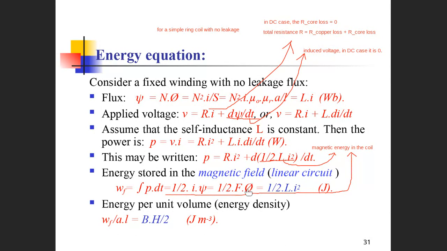So I phi, because phi is equal to B times A. F is H times L. Once again, H equals F over L, B equals phi over A. Bring in, that's this one, right?